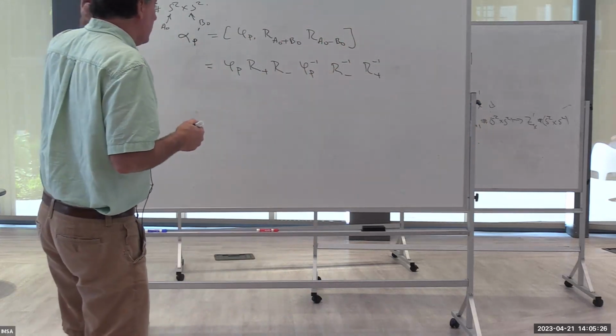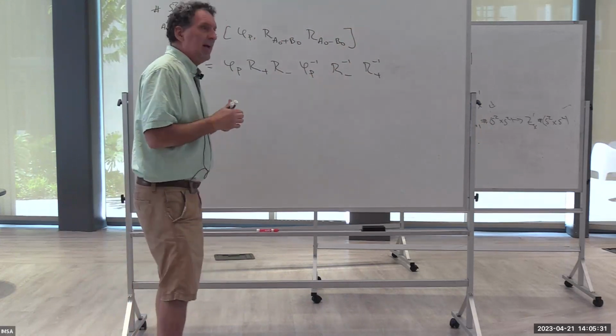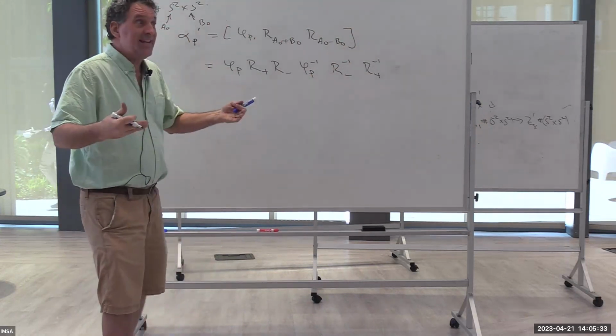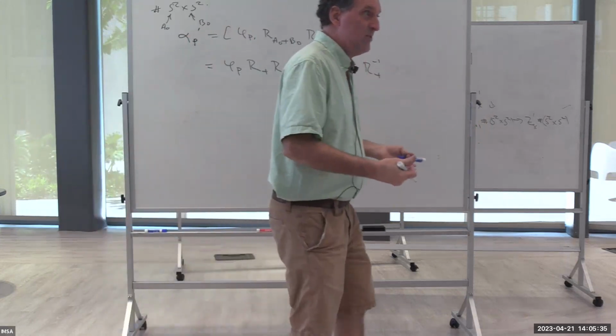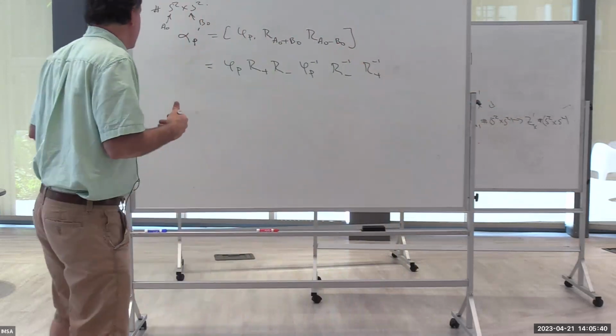We can actually do a little bit more to this, to make them the same. And that's because psi plus the identity is the identity on the S2 times S2, so it doesn't change what the reflection in the S2 times S2 does.